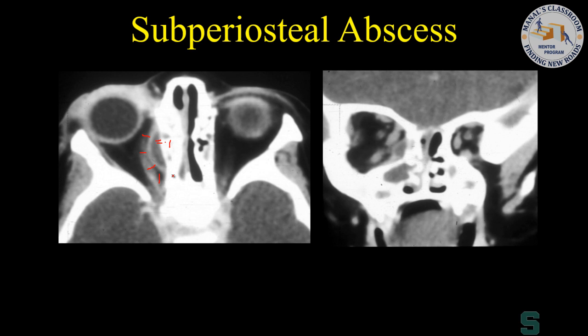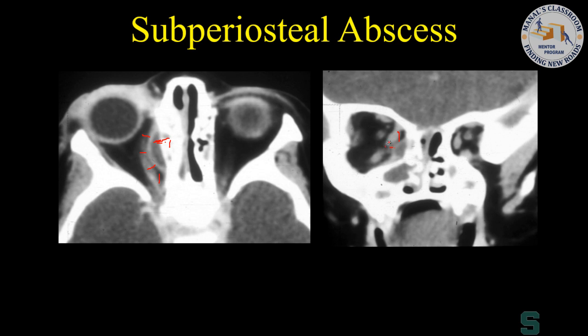If we have an infection, essentially a thrombophlebitis of the emissary veins, this allows the transmission of the infected ethmoid sinus germs to the medial aspect of the orbit, resulting in the typical subperiosteal abscess.